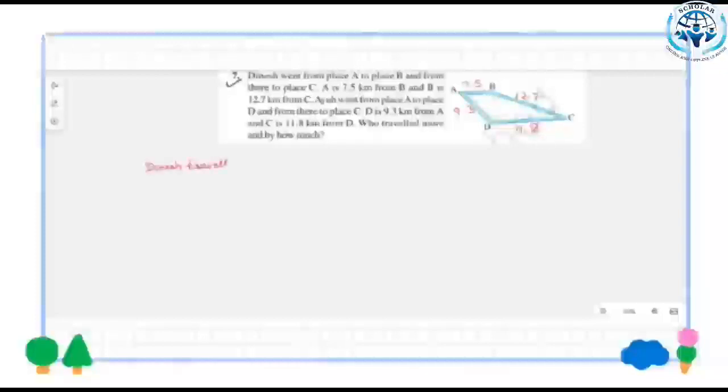I have written all the measurements. Now we will write the language. Dinesh travelled from place A to place B. Then to place C. So now we will calculate the total distance travelled by Dinesh.